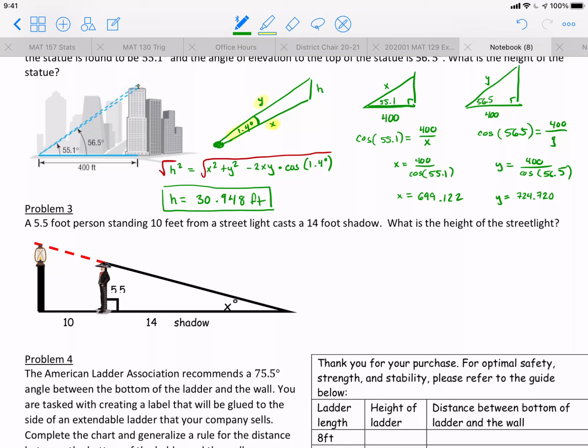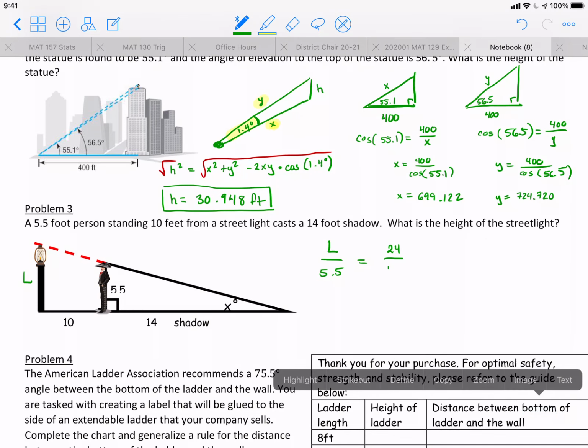So one way to do it would be what? So we want to find the height of the lamp. So let's just call that L. So L is to 5.5 as what? That whole length of that bottom, which is what? 24, is to the length of the shorter piece on the bottom for the smaller triangle, which is 14.